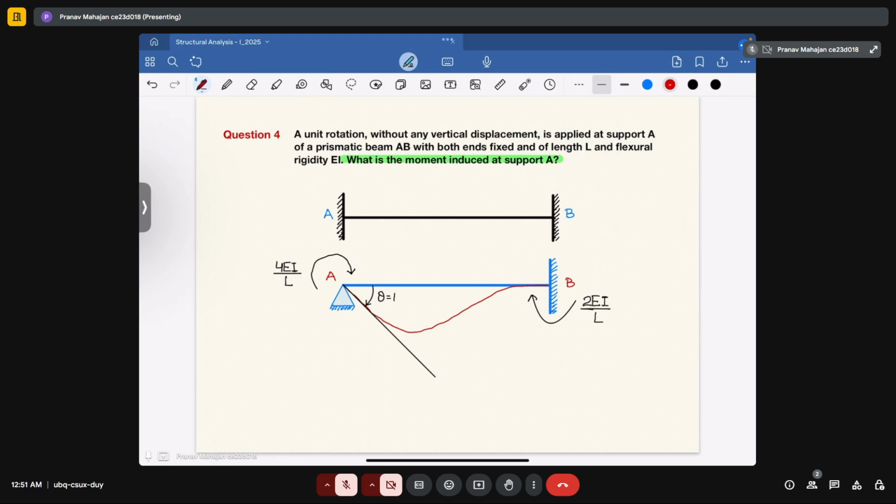Now this is the clockwise moment that is acting in the beam. So to provide equilibrium to this structure, an anti-clockwise couple needs to be provided.